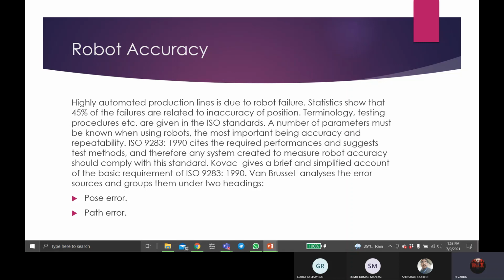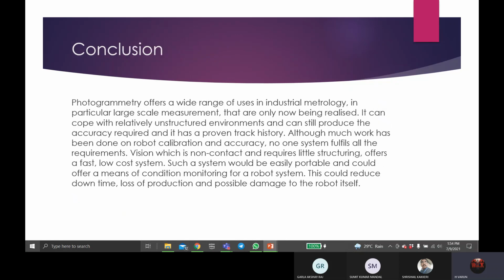And for path error, the product should not be disturbed. As per the Van Brussel analysis, there are two types of errors, and he has told that path errors might come, but not comparatively to metric cameras. With non-metric cameras, yes, we can reduce errors as much as possible, sir.